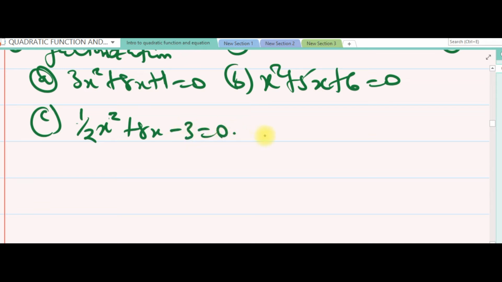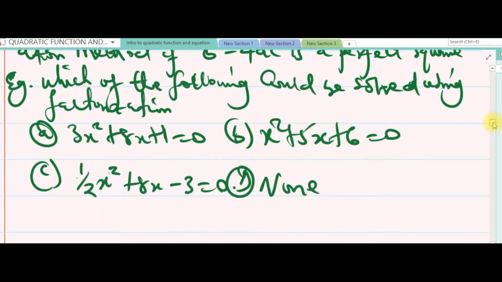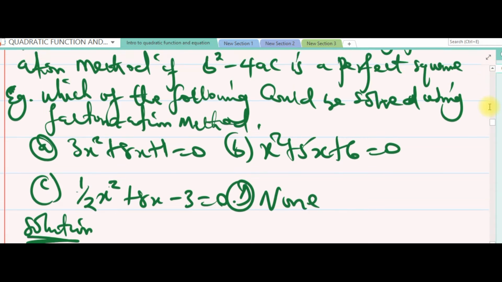So we are asked which of them can be solved using the factorization method. So our target will be on a, b, and c. Once we know a, b, and c, we can easily know whether it could be solved using the method.